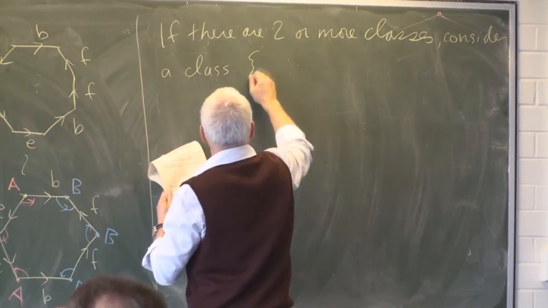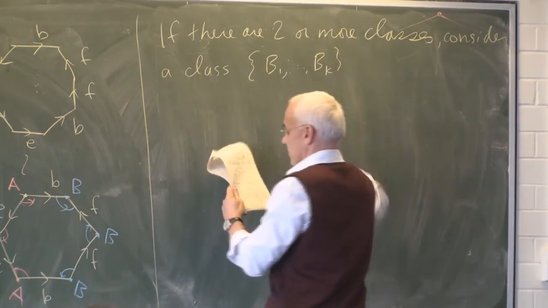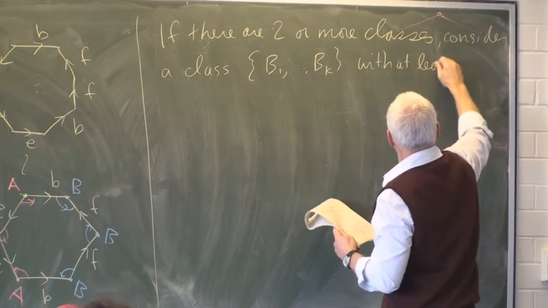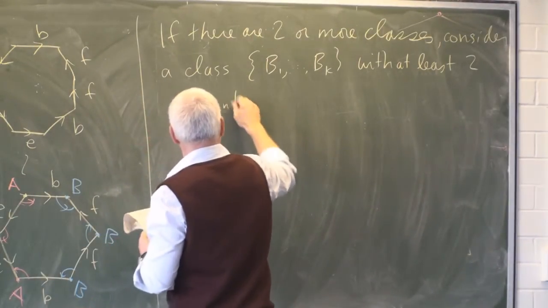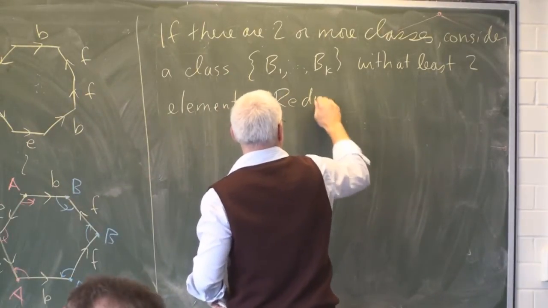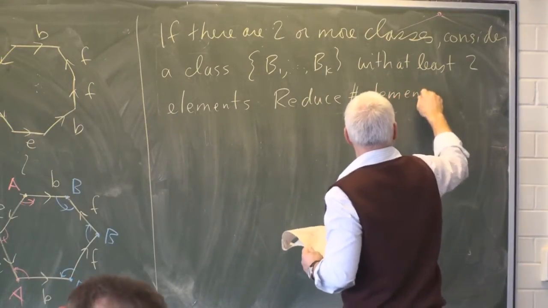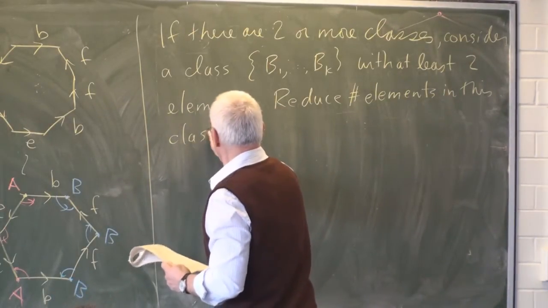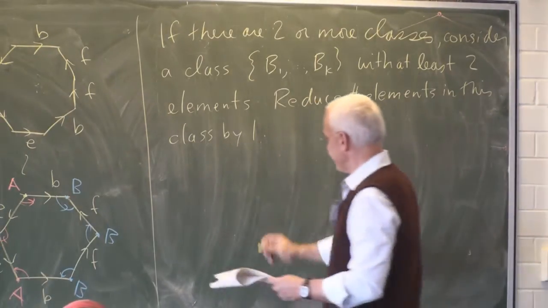Let's say, okay, B1 up to BK with at least 2 elements. And we reduce the number of elements in this class by 1. How do we do that? So here's the general kind of picture.